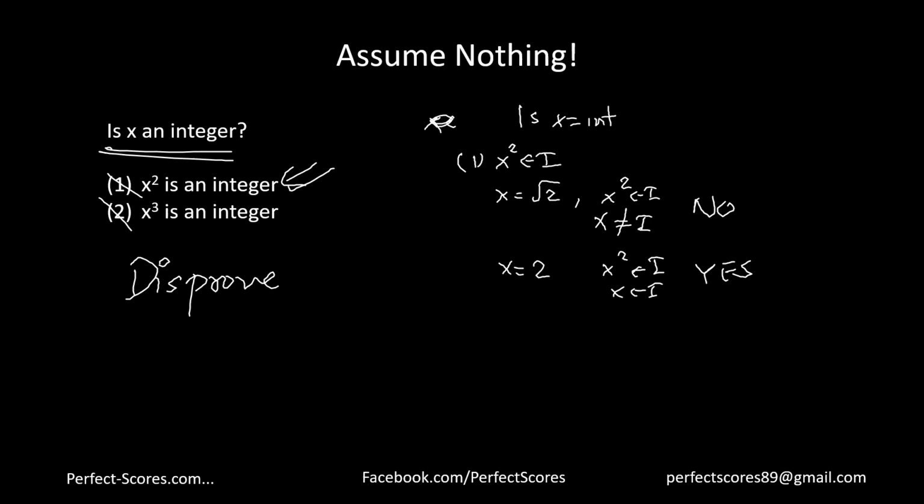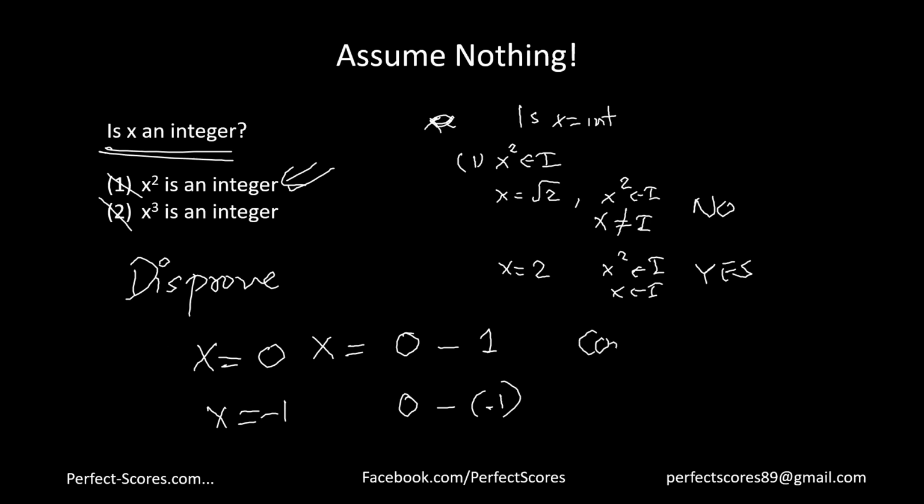That means you should try some unorthodox numbers in these statements, like x is 0, like x is -1, like x is numbers between 0 and 1, numbers between 0 and -1, and of course complex fractions. So you should not assume anything firstly, and you should always try very unique numbers to actually disprove the statement. That's commandment number 3.